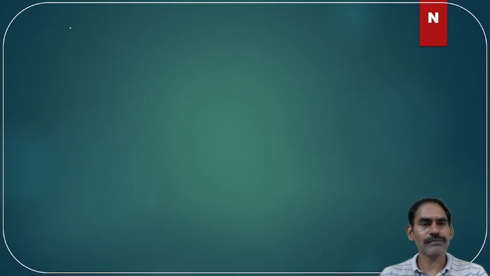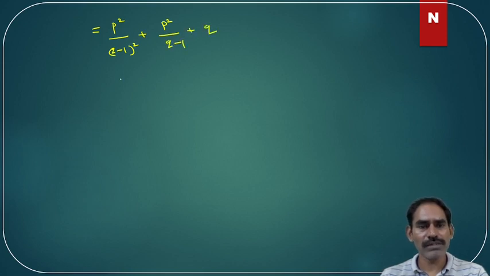Next step: p square by (q minus 1) whole square, plus p into p by q minus 1, plus q, in the numerator, and the denominator is 1 plus p square by (q minus 1) whole square.